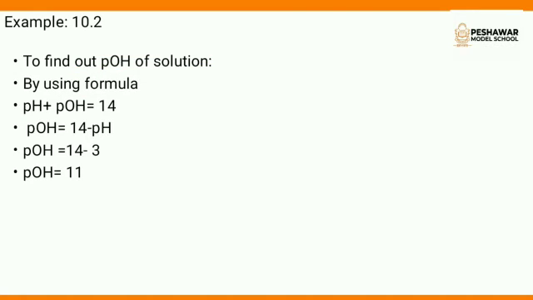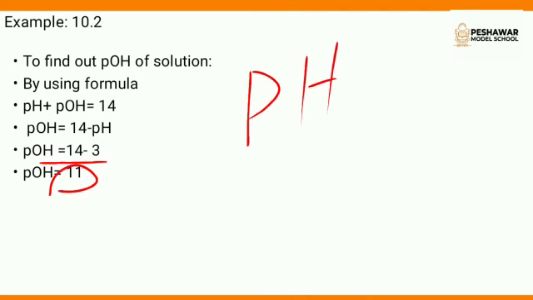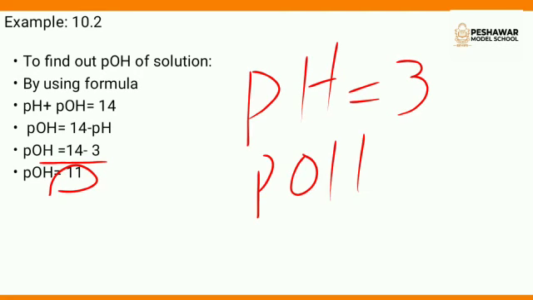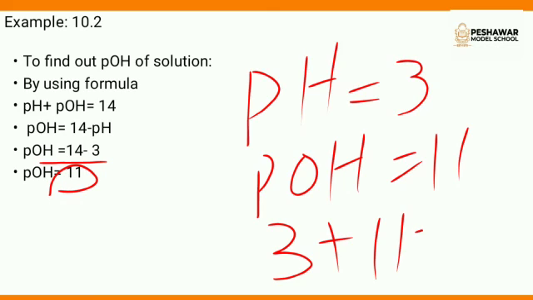Put the value of pH in the formula: pOH is equal to 14 minus 3, which is 11. So the pH of the nitric acid is 3 and the pOH is 11. If we add these two values, we get 14. So this relationship is true at 25 degrees.